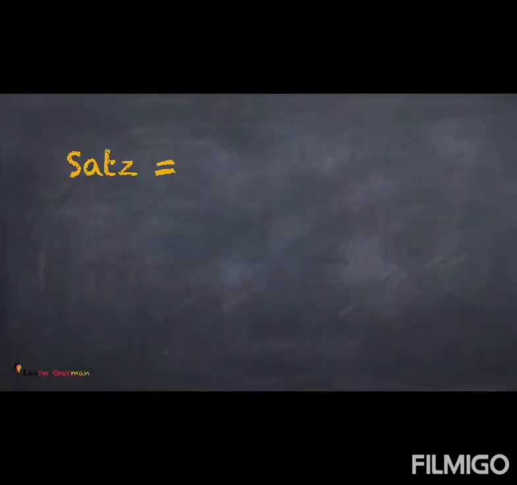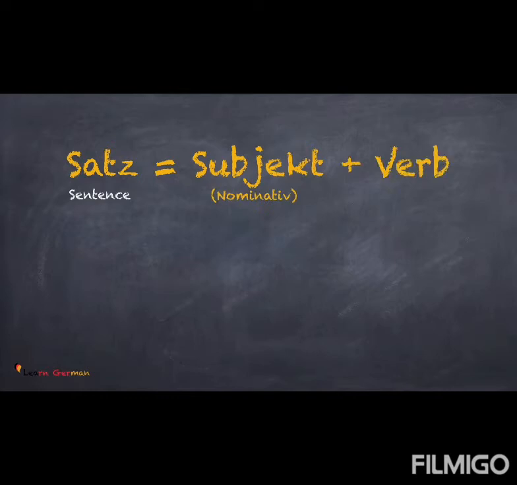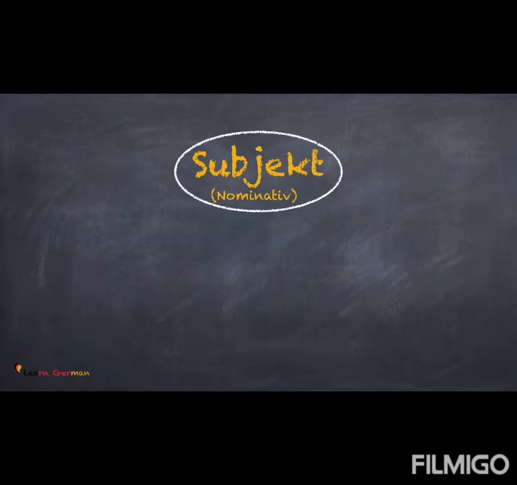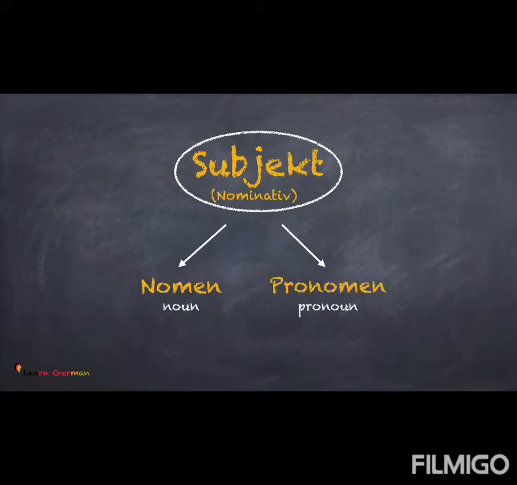So to understand this better, a sentence, Satz, is made up of Subjekt plus Verb. My subject is always nominative and the verb depends on this subject. The subject can either be a nomen or a pronomen, which can either be singular or plural.